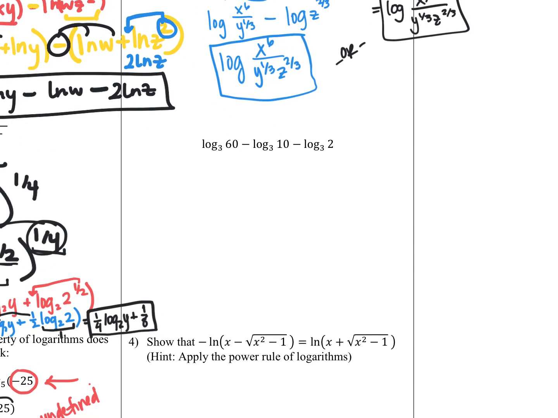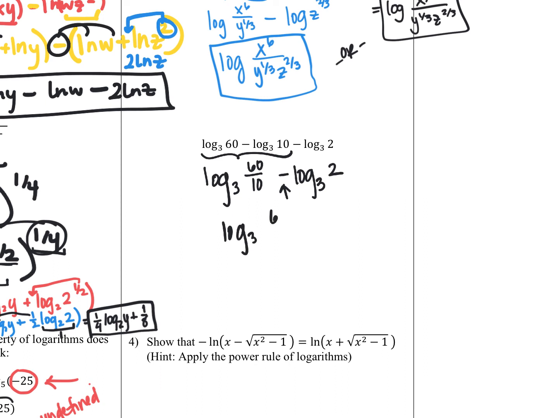All right. Again, putting these 3 guys together, there's going to be log base 3 of 60 over 10 minus log base 3 of 2. But again, this is a subtraction of 2 logs, so that means we're going to divide.